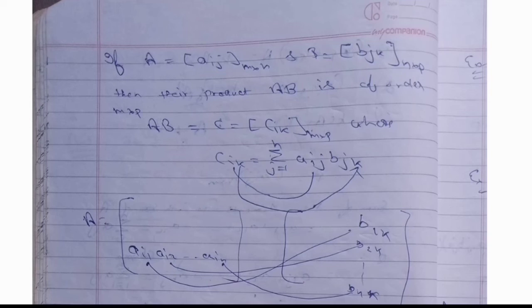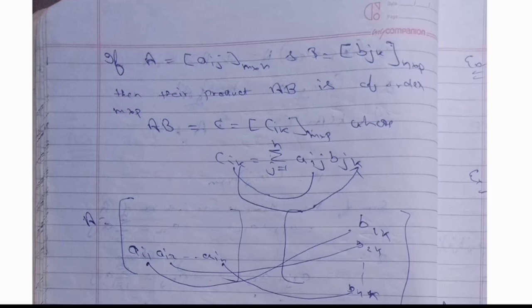AB is equal to C whose entries are like Cik, of order m cross p, where Cik is equal to summation j is equal to 1 to n Aij Bjk.